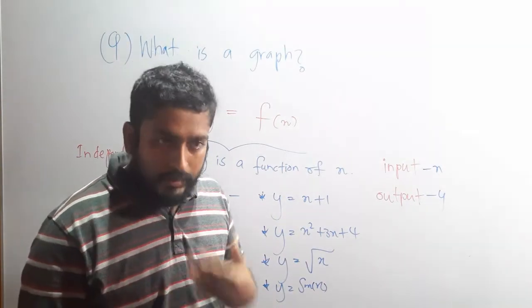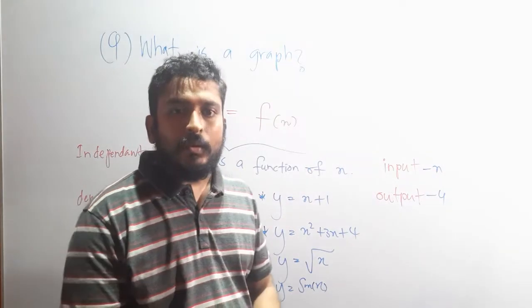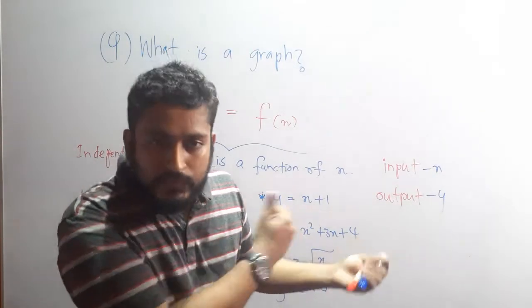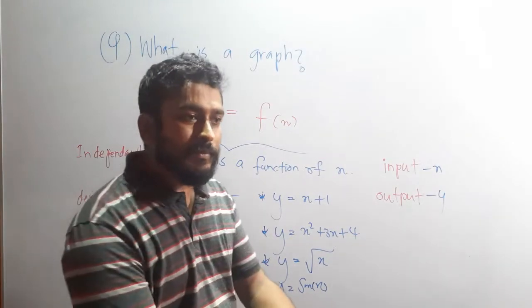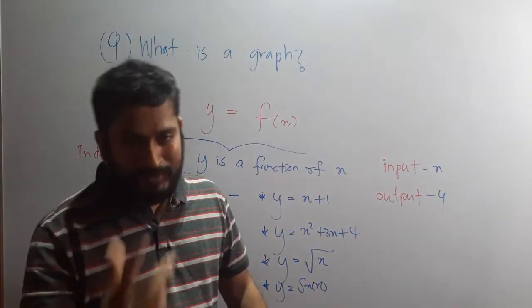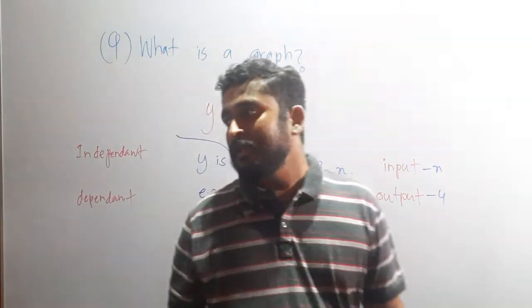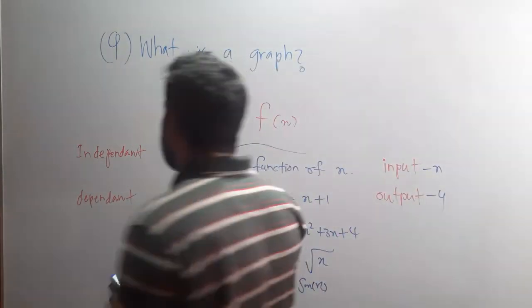Do I need to give the values? No, you give the function, it will plot. I didn't give any values for x, so x is independent. Then why do we input? We input for our use, because we have to draw manually. That is why. Got it? Right. So x is independent and y is dependent.